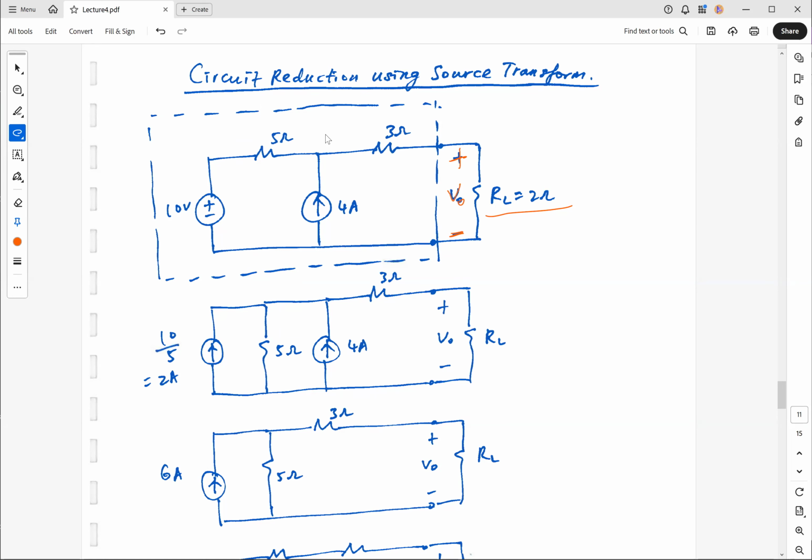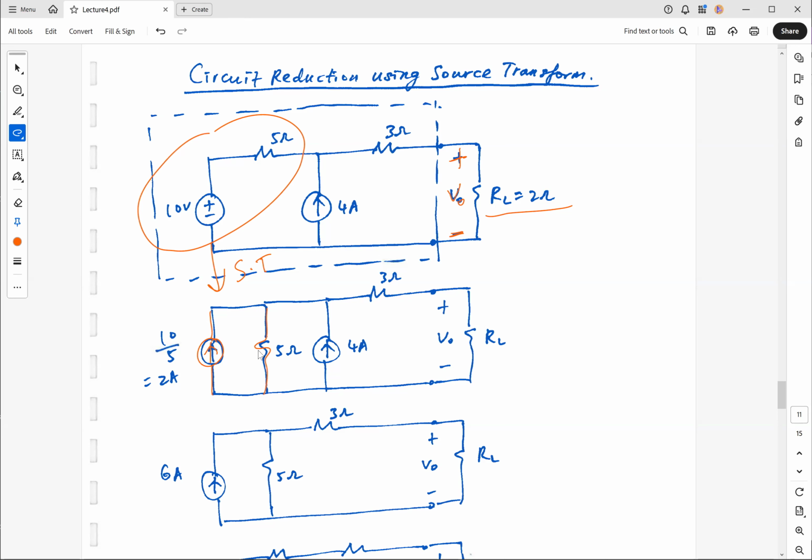First things first, I'm going to transform the 10 volt and the 5 ohm, using source transformation, into the parallel combination of a current source and a resistor. We have done this several times, so I'm going to transform this into this.